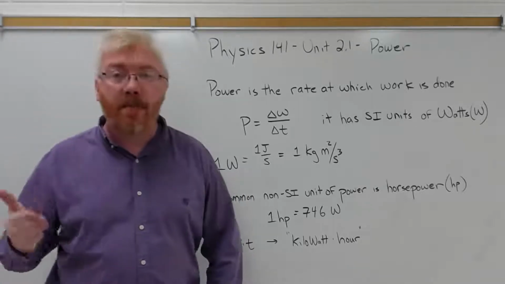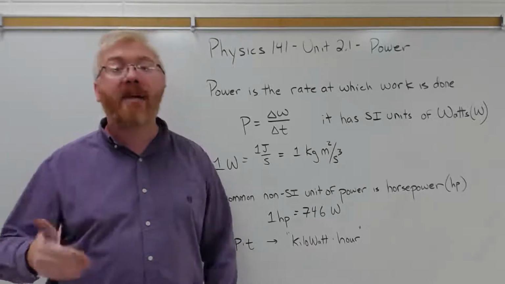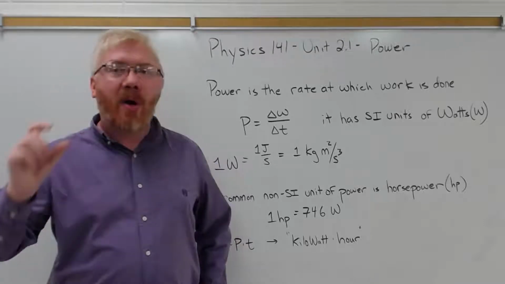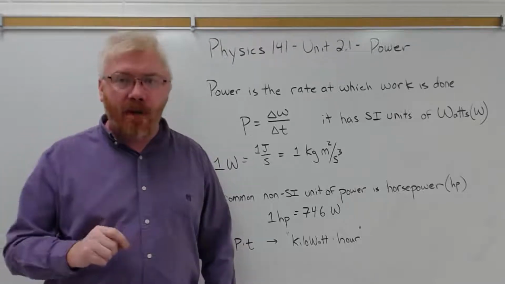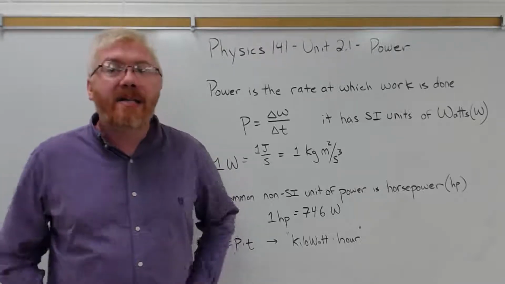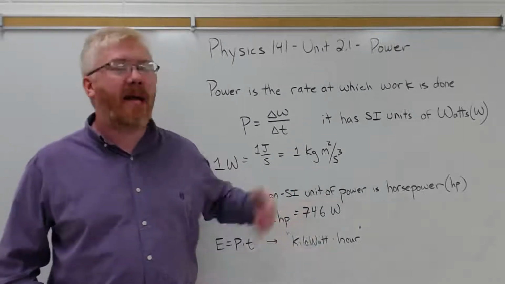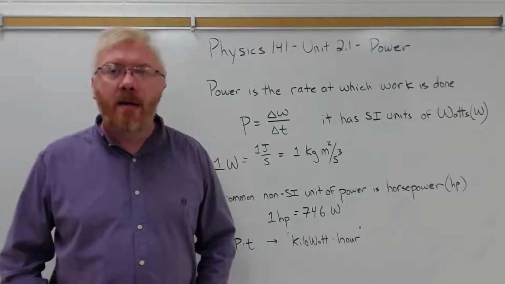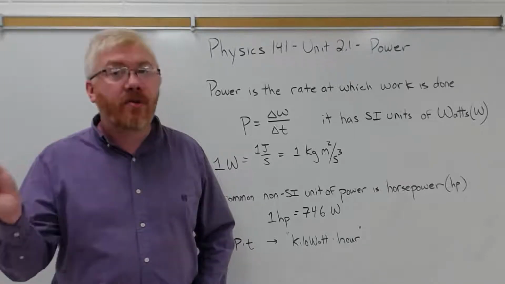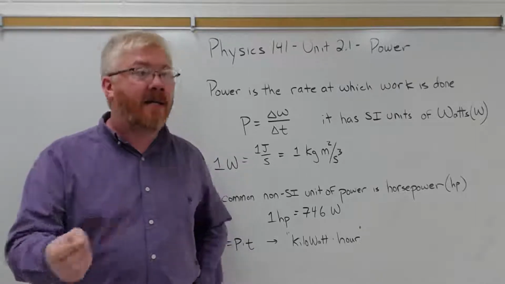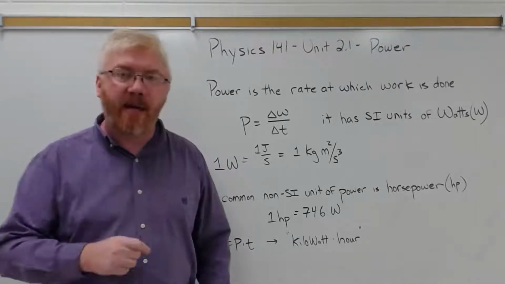So modern light bulbs are compact fluorescents or LEDs. Now, the problem though is when you look at an LED bulb, you might see an LED bulb is 10 watts. You're like, 10 watts? That's barely a nightlight. Why would I put a 10 watt bulb in my living room? But a 10 or a 20 watt LED bulb puts out as much visible light as a 75 watt incandescent.